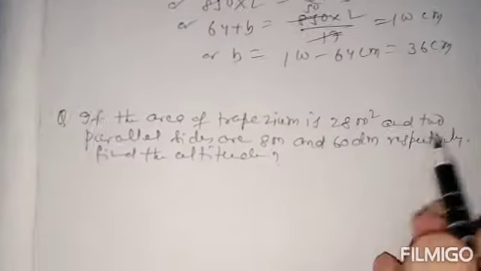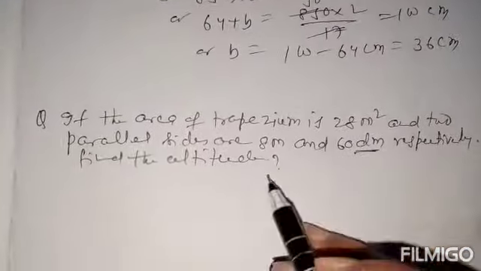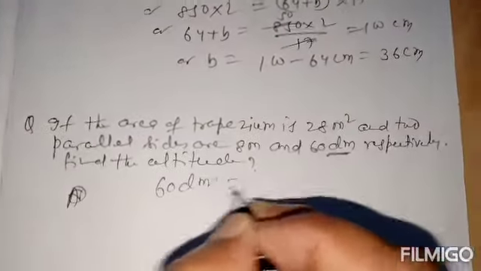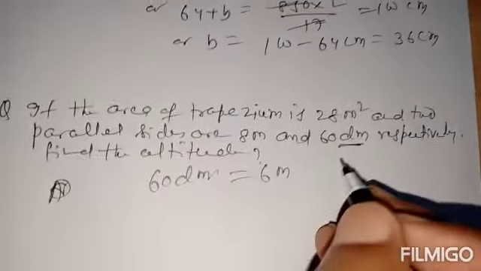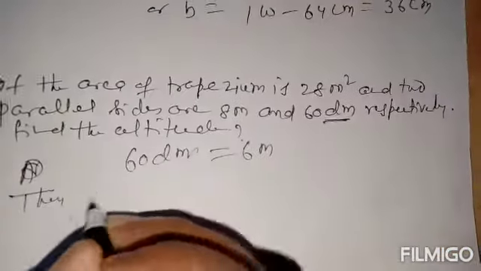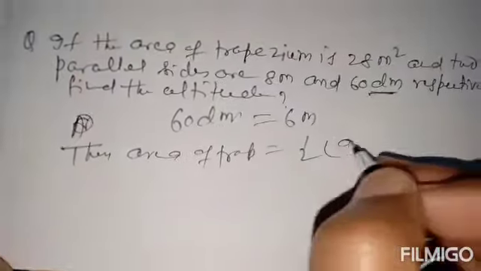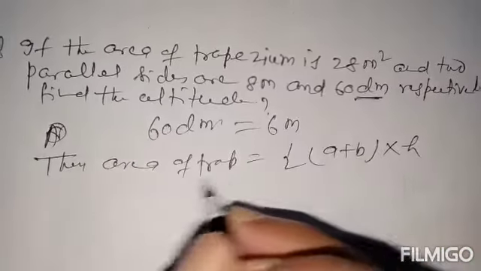Now the second question: if the area of a trapezium is 28 meter square and the two parallel sides are 8 meter and 60 decimeter respectively, find the altitude. Here we have to find the height. We know that 60 decimeter means 6 meter, because 1 meter is equal to 10 decimeter. So the area of the trapezium is half into the sum of parallel sides, A plus B, into height.